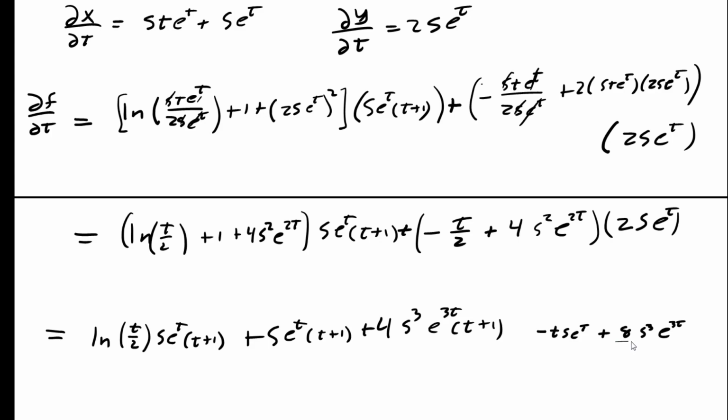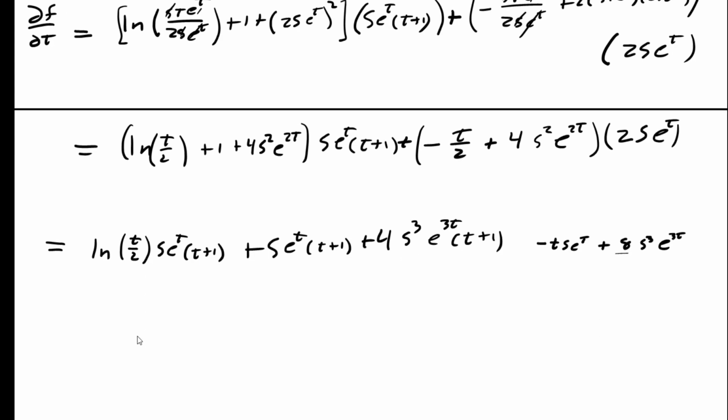I guess this term could simplify a tiny bit. So here, if I write this as 4 s cubed e to the t times 2, I can combine that with this term, and that'll change to a 3.